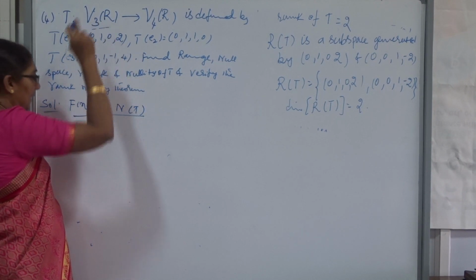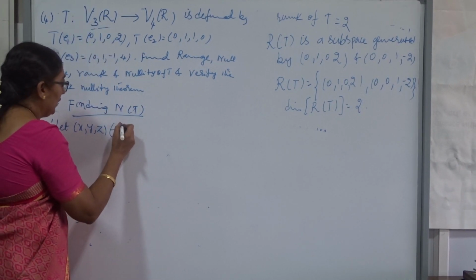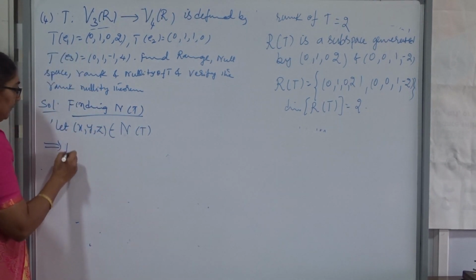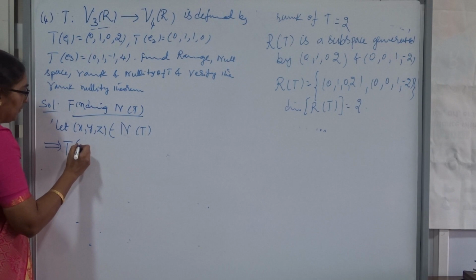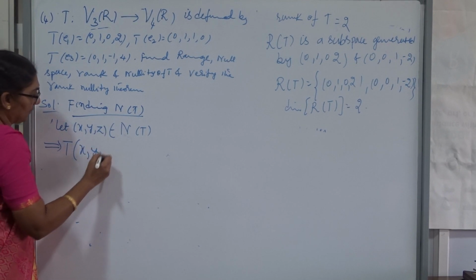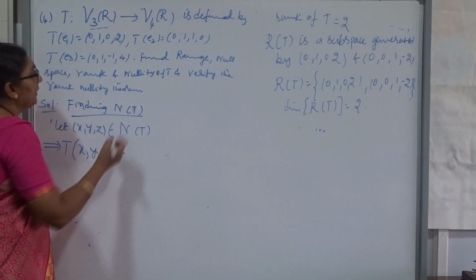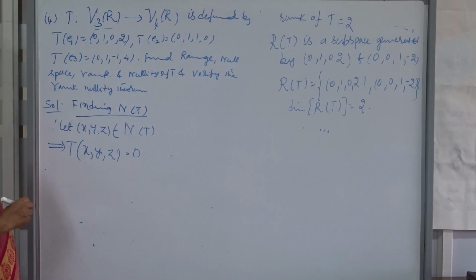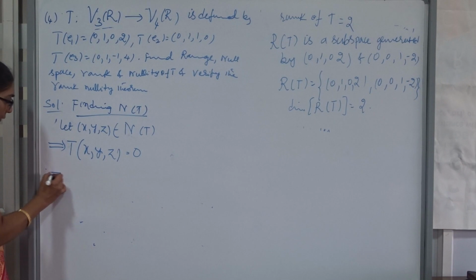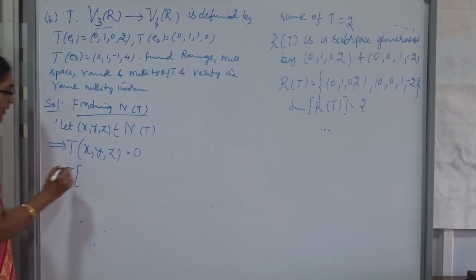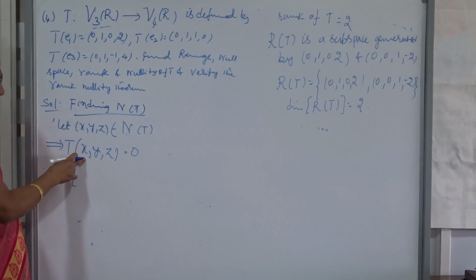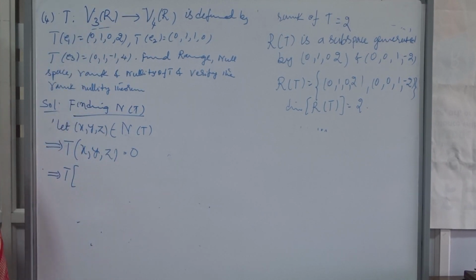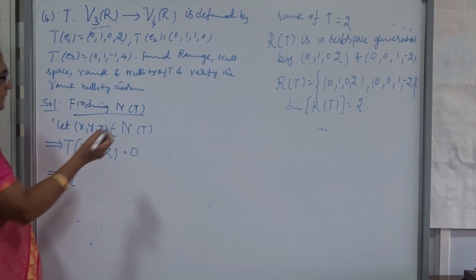Domain means V3 of R, so the vector belongs to N of T. From the definition of null space, if the vector is transformed to 0, then only we say that the vector belongs to the null space. Now this can also be written as follows. Here we can't apply any function directly, because they are not given any function. They are not given T of x, y, z.